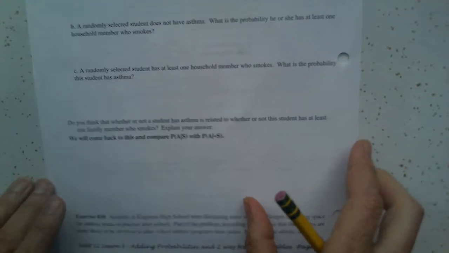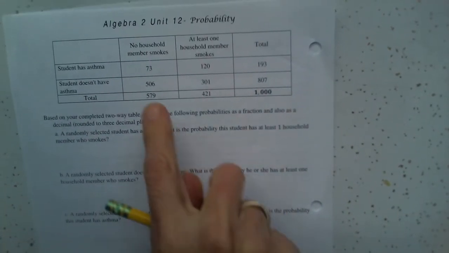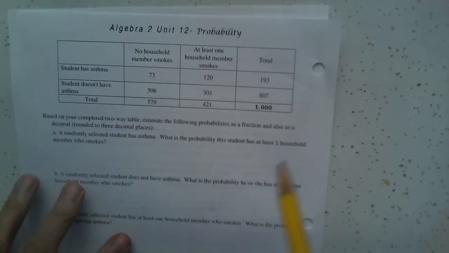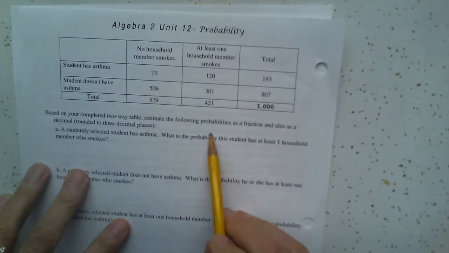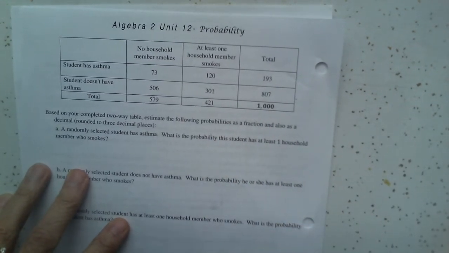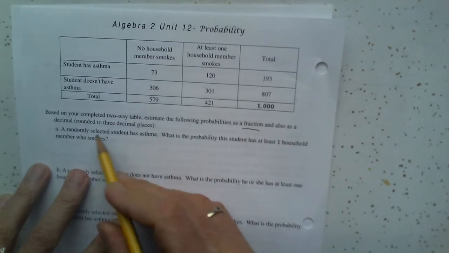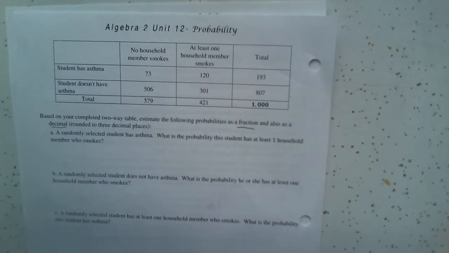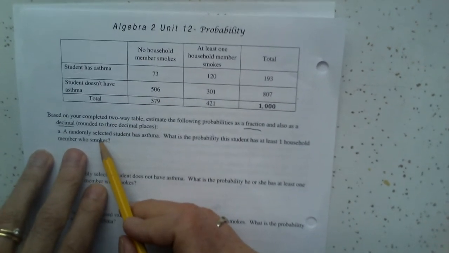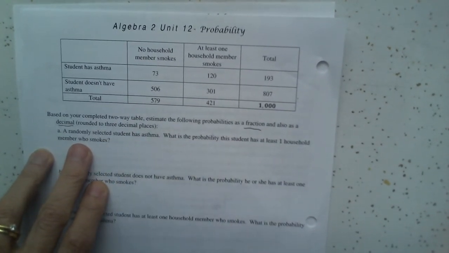So moving on, up at the top, we have the numbers that we just put into the table already typed in. And based on this two-way table, we're going to estimate some probabilities, both as a fraction and as a decimal. We're going to put those numbers into our calculator. So first of all, the first question says, a randomly selected student has asthma.